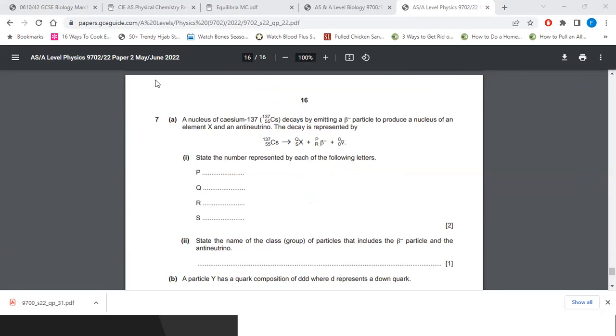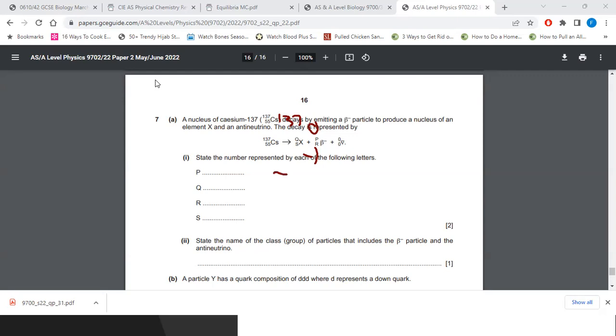Okay, look, what is going to happen over here is that for our beta minus particle, the mass is 0, right? The charge, or the proton number, is -1 because it doesn't have a proton, it's an electron. When we talk about Q, Q is going to be 137. It will not change. As for our proton number, in beta minus emission, proton number increases by 1.